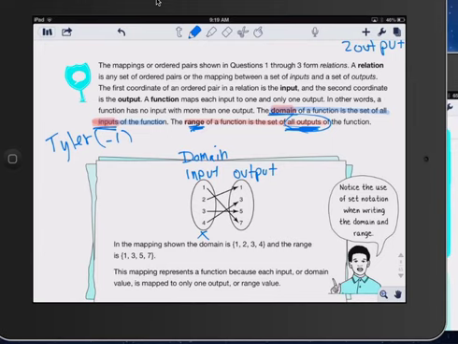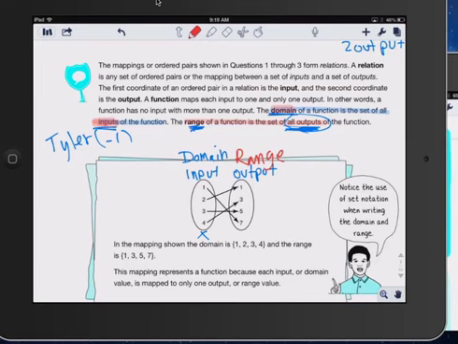Okay, output. Now the word that also means output is the word range. And what variable is that range? Manish.